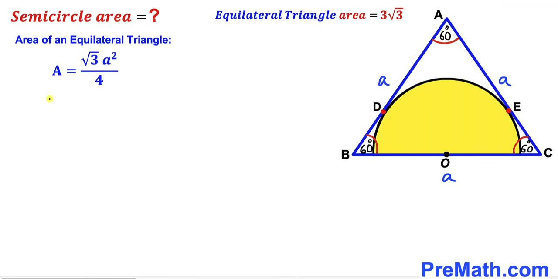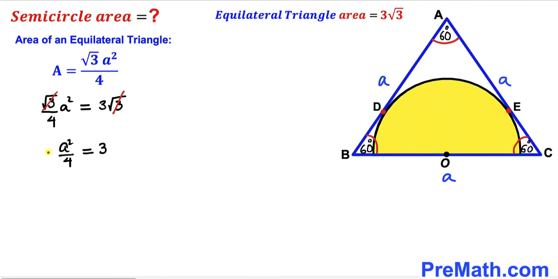So therefore we can write this one as square root of 3 divided by 4 times a square is going to be equal to 3 times square root of 3. And now we can see this square root of 3 and this square root of 3, they are gone. So therefore we end up with a square divided by 4 equals 3.